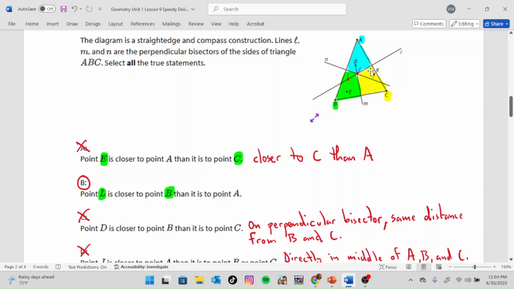Everything on the other side is closer to that side's point, and anything directly on the perpendicular bisector is the same distance from both. I hope this has made this clear for you, but like always, if you still have questions, please feel free to leave a comment below.